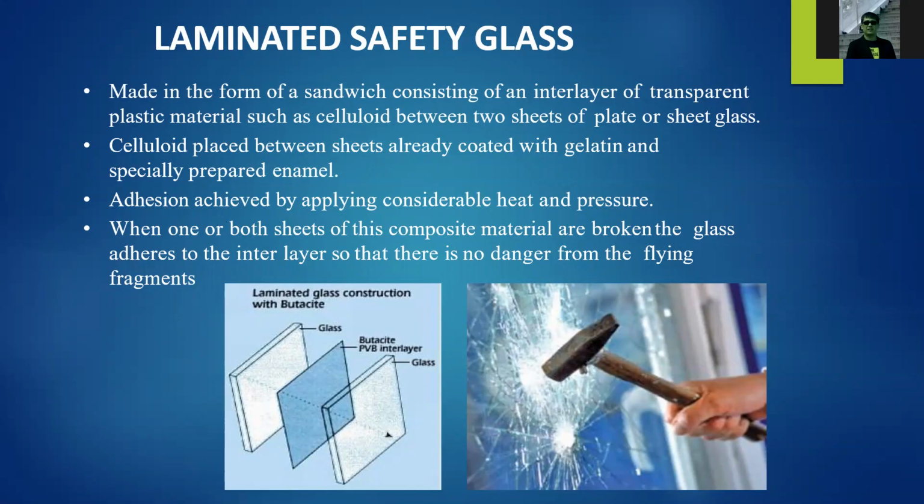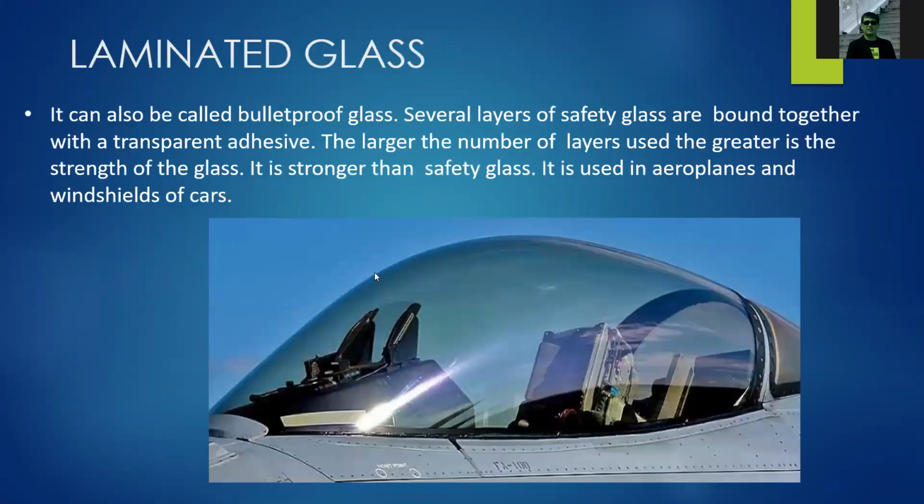As you can see, this type of glass is the commonly used glass for the bulletproofing of vehicles, this laminated safety glass. So it's also used for aircraft, airplanes, windshields of cars.